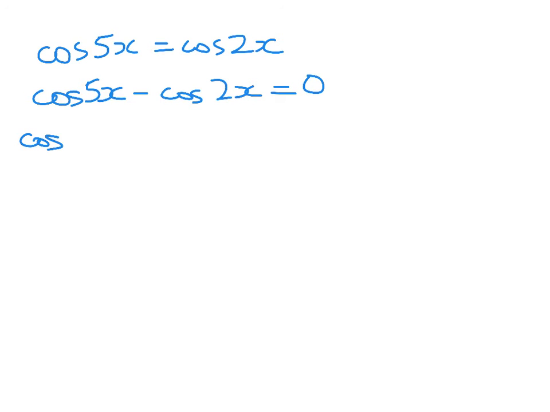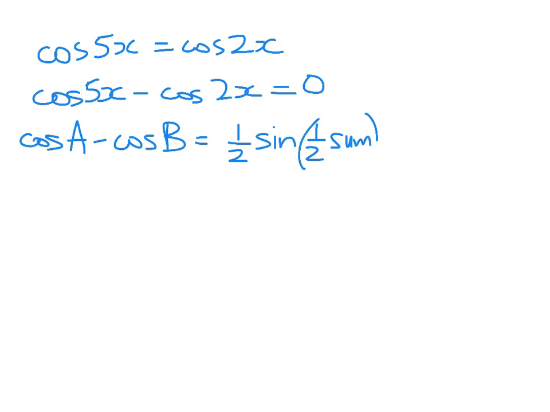But I know, possibly from my formula sheet, that cos of A minus cos of B is equal to half sine of half the sum times the sine of half the difference, but the difference has to be reversed. In other words, we're going to do B minus A. So how can we apply that?